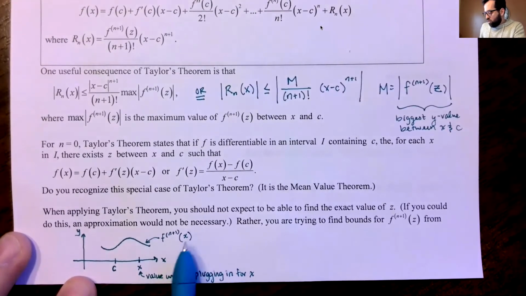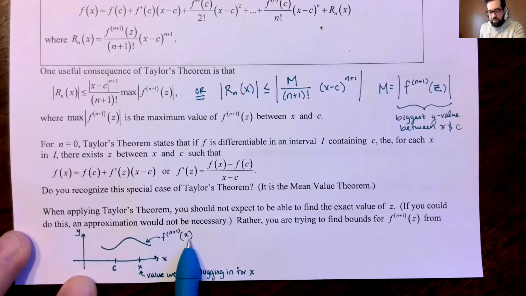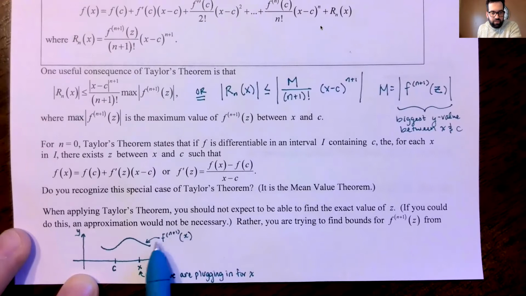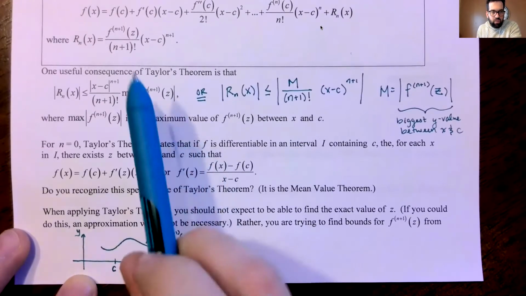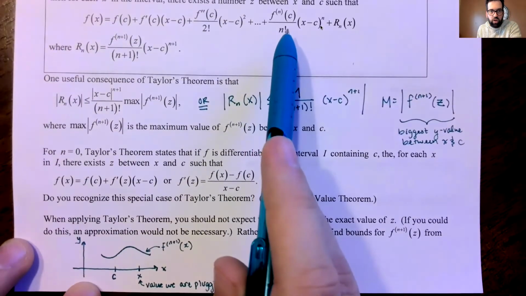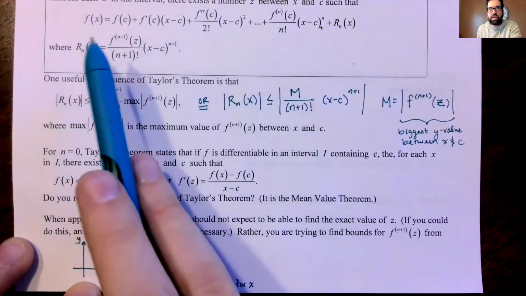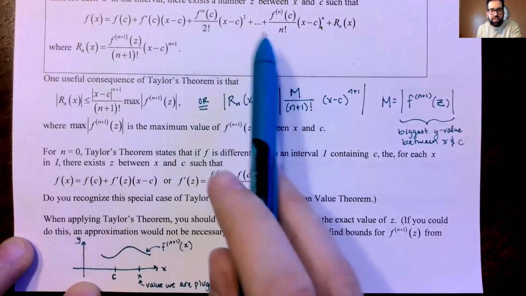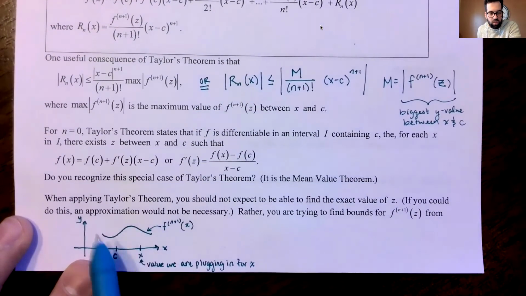Think about if we graphed the n plus first derivative of whatever function we're looking at here. Let's say that we are looking at a Taylor polynomial that is up through n equals 2, right? So we've got the constant term, the first derivative term, and the second derivative term. Then this would be the third derivative graph.